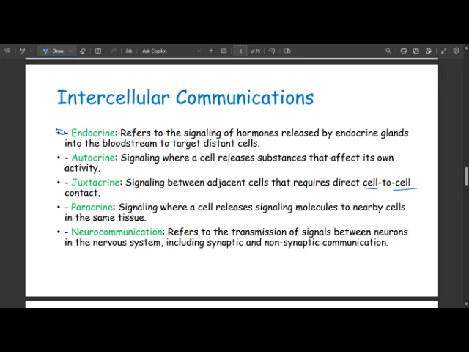So during that interaction the cells have to come together and meet up, and that cell-to-cell contact has to happen in juxtacrine communication.